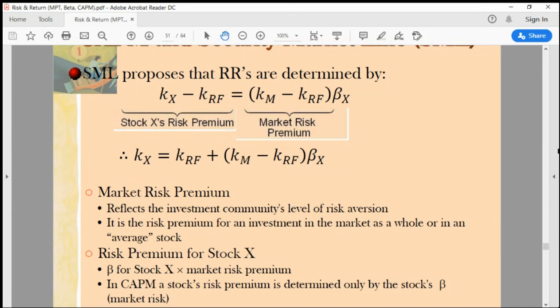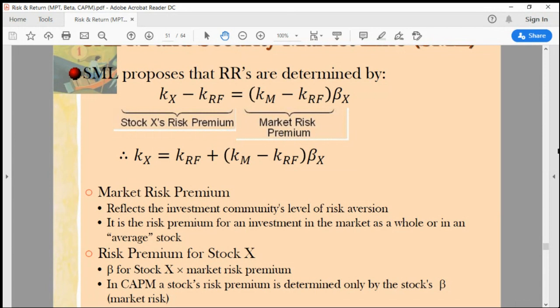So the pure return to Apple, solely due to taking risk by investing in Apple, is 15 minus 5. In other words, the return over and above the risk-free return.